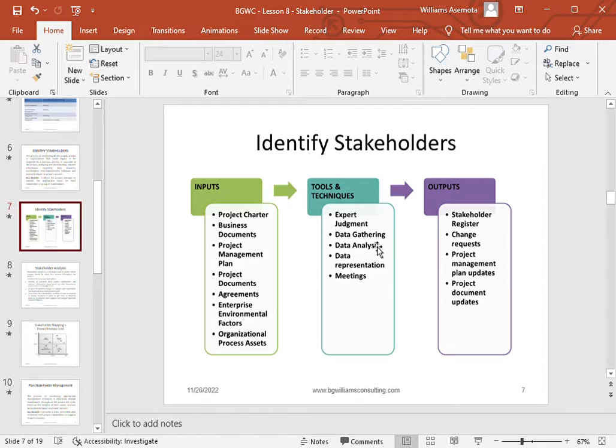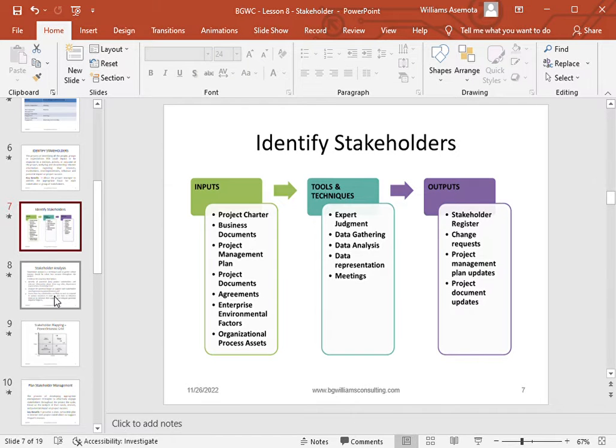Or you do data gathering techniques. You yourself go on interviews, you interview everybody in the organization, or you do a questionnaire or survey so that you can easily identify all the key stakeholders in your project. Or you can have a group meeting with everybody to know who the key stakeholders are in your project.